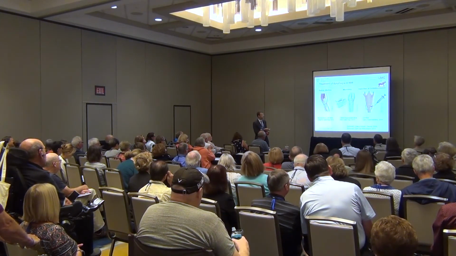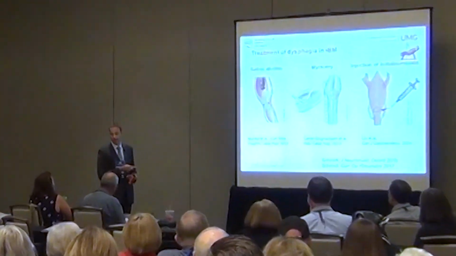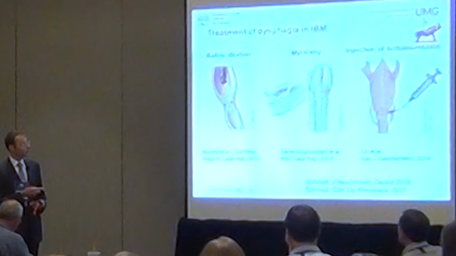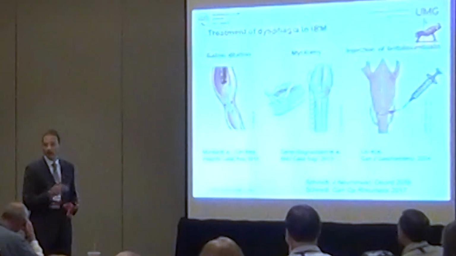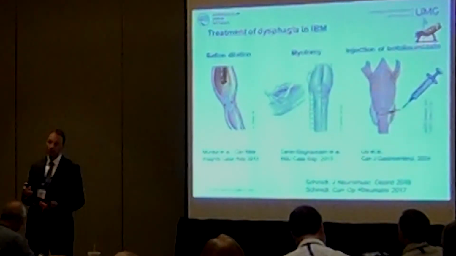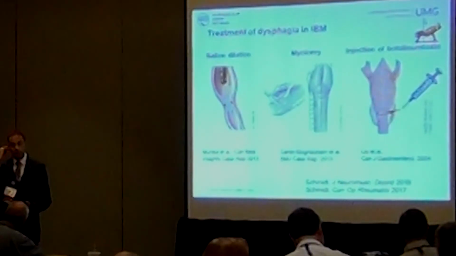But you would need to find the appropriate physicians for both of these maneuvers. So in the UK and in the Netherlands, this is a straightforward procedure. Particularly in the Netherlands, they have extremely good experience with IBM patients and other neuromuscular patients in such conditions, and it works extremely well for them.